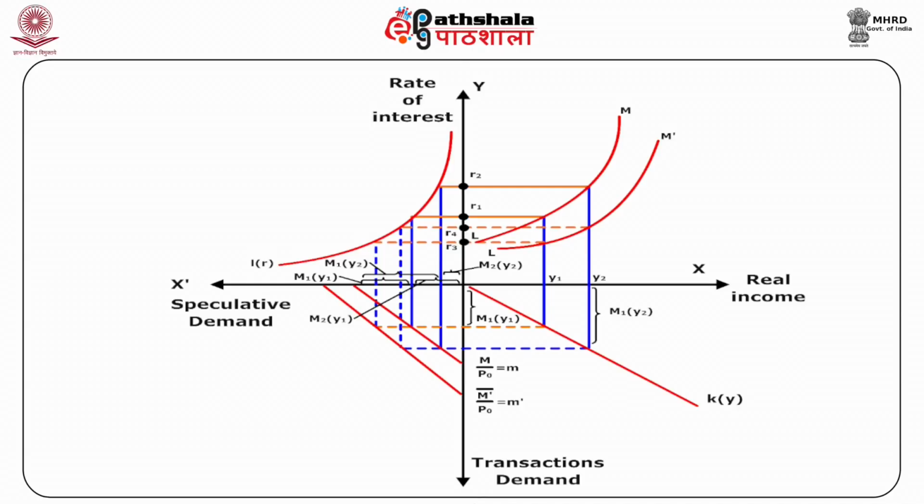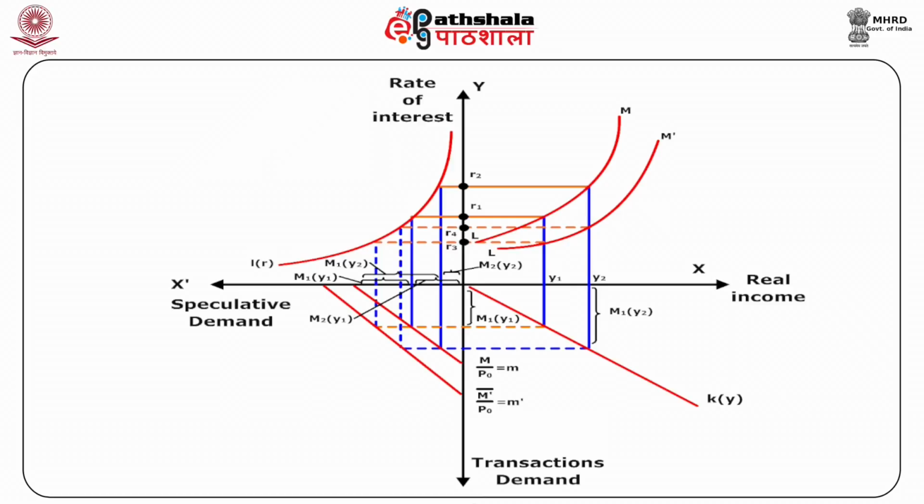Now, let us consider the change in the money supply. That is, if the nominal money supply increases, then what would happen? The nominal money supply has increased from M bar to M bar prime. That is, the Reserve Bank, the State Bank, the Central Bank, expands the nominal money supply.